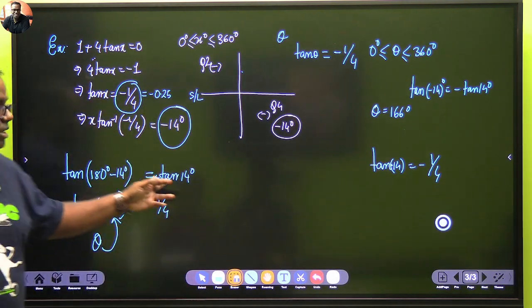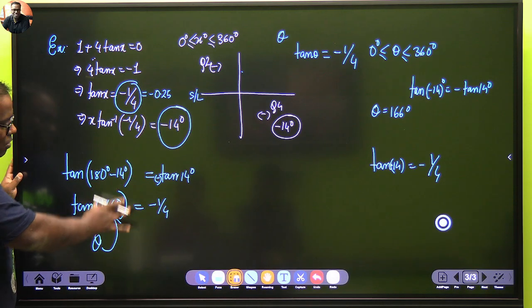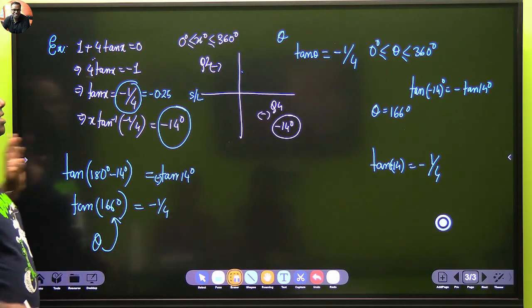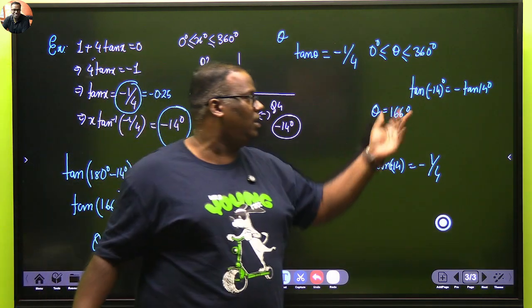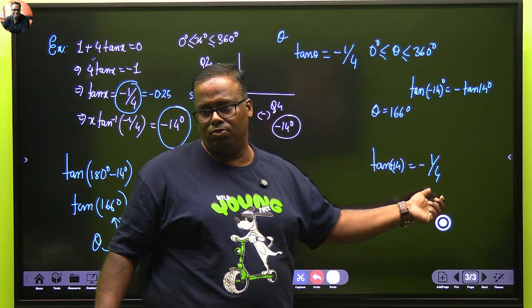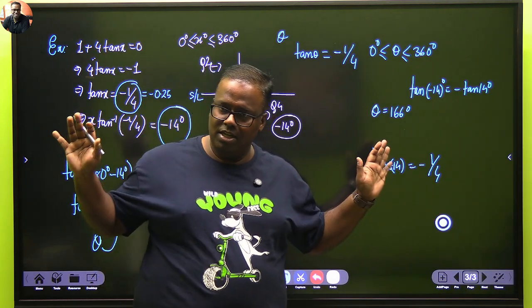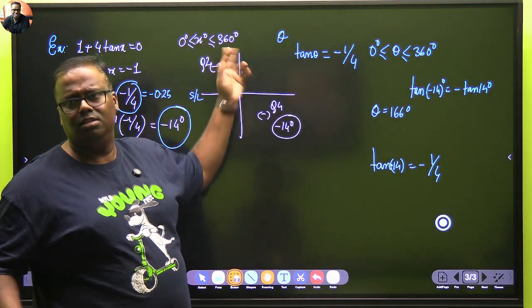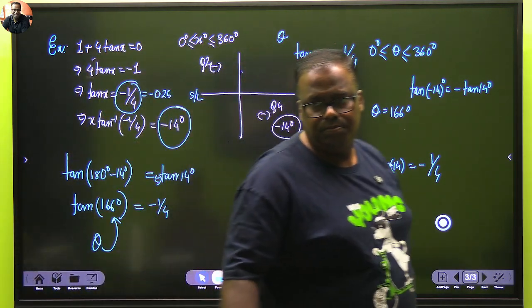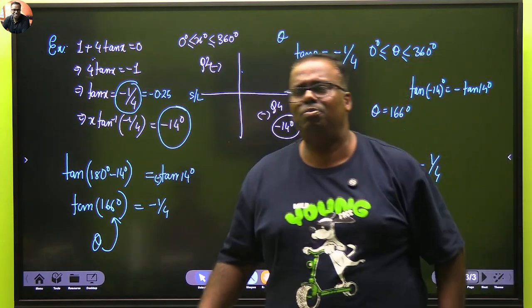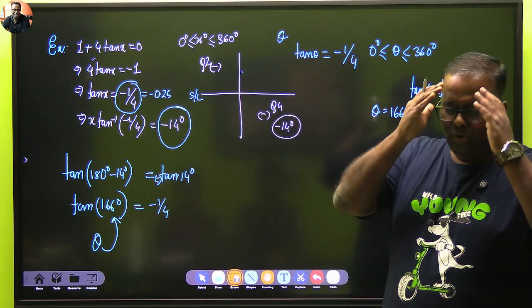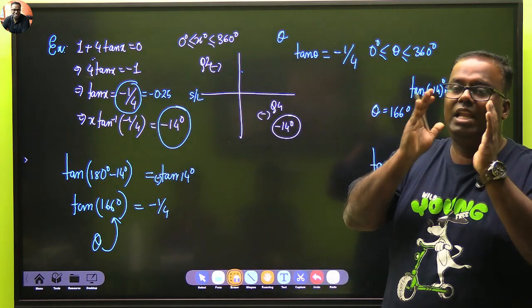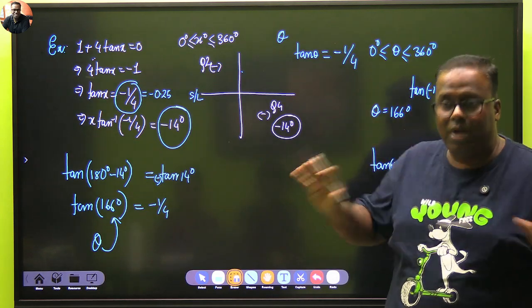So, tan of this. Now I solve this part, how much is it? 166. So you also saw by your calculator that tan of 166 is minus 1/4. The value was satisfied. Does 166 lie in this band? So minus tan of 166. No, why minus tan? You need to fetch me an angle. Forget about minus.